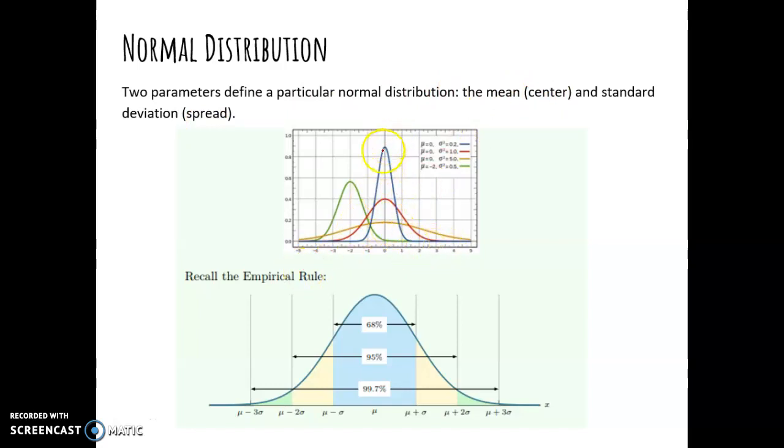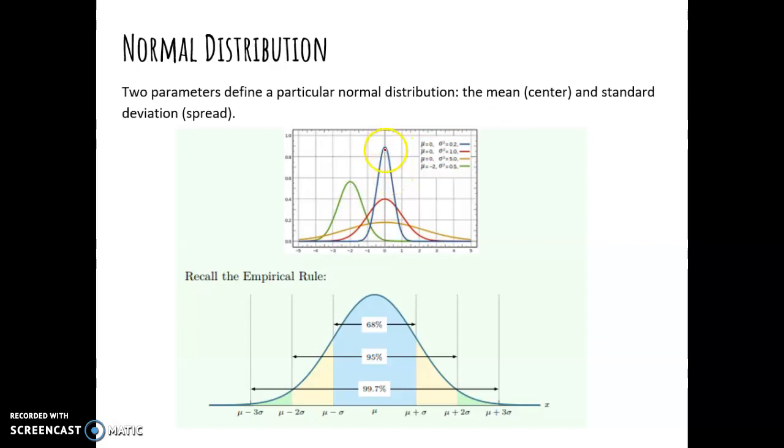If you'll see, the blue curve, the red curve, and the brownish yellow curve all have the same mean. They're all centered around the same point. But look, the green curve has a different mean because its center is a little to the left of the center of the ones right here. So the mean decides where the center of the curve is going to be.